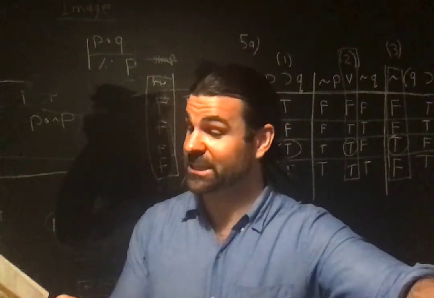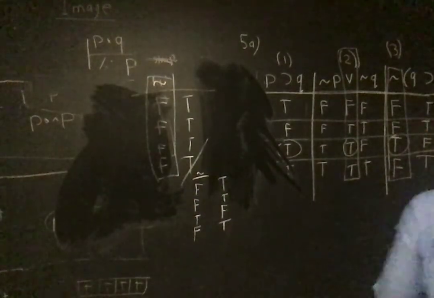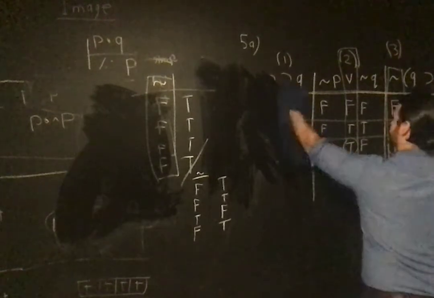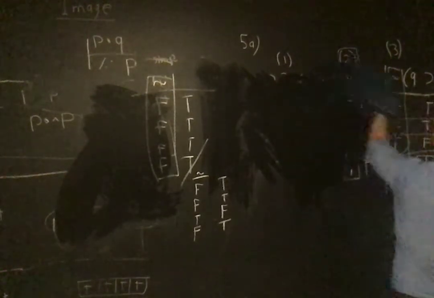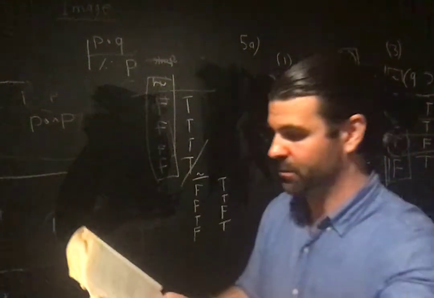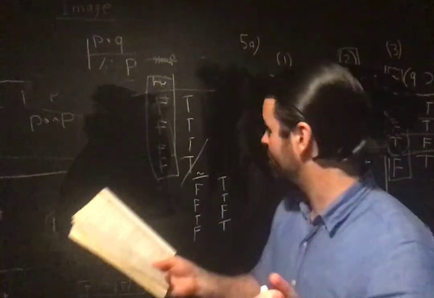D, what is the disjunction of a contingent form and a contradiction?